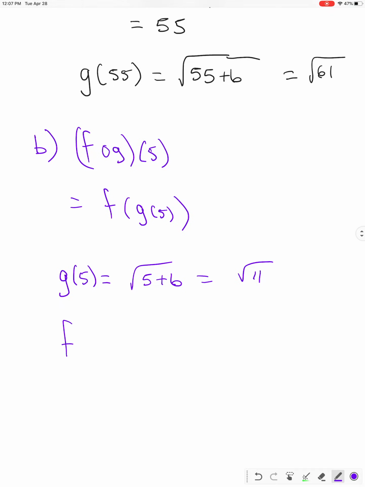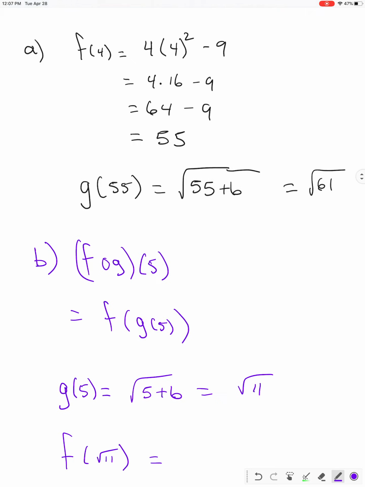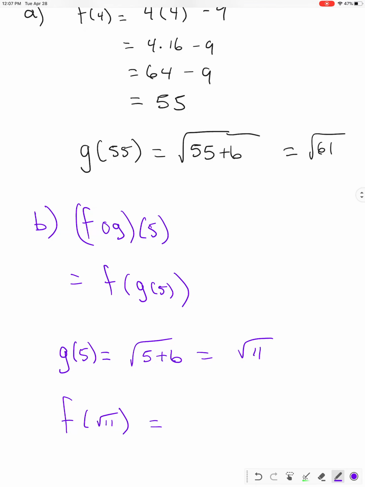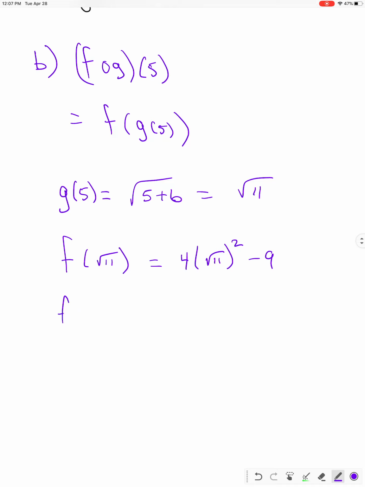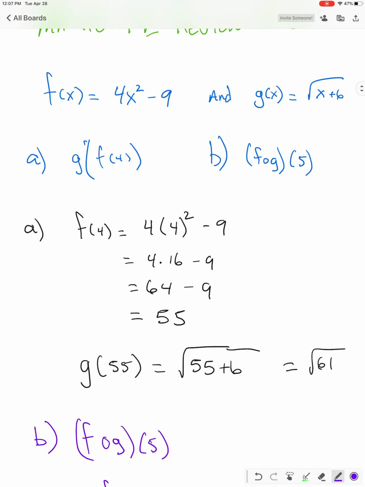So then I need to figure out what is f of square root of 11. And so that's equal to 4 times the square root of 11 squared minus 9. Because remember, f of x equaled 4 times x squared minus 9, from way up at the beginning.